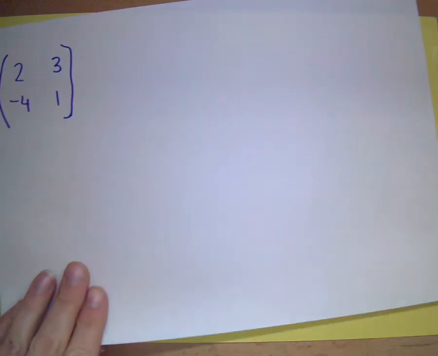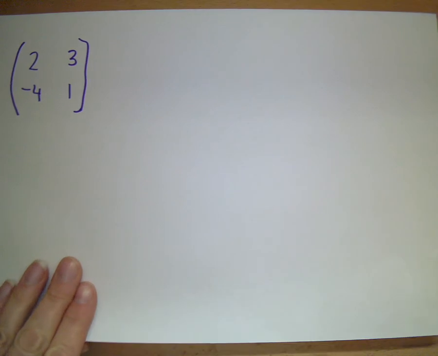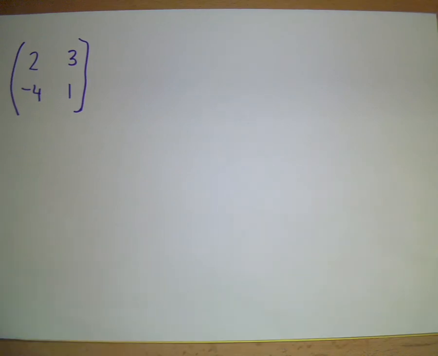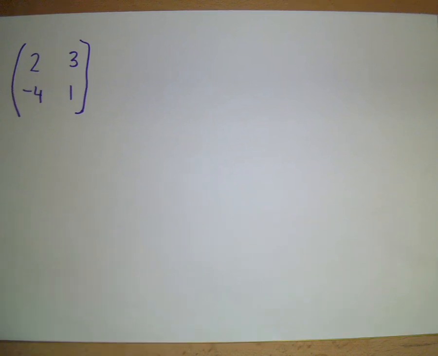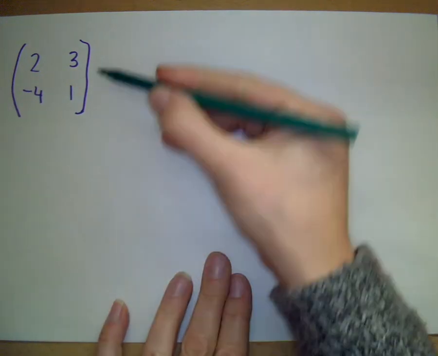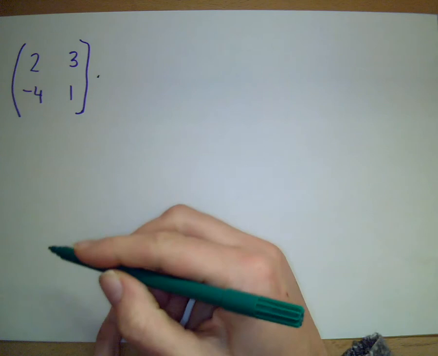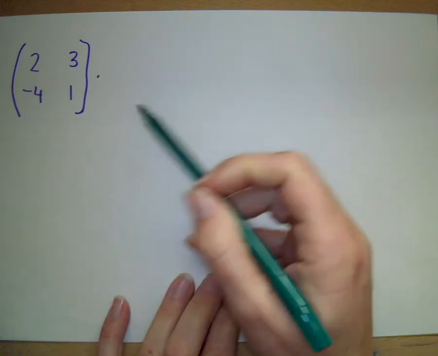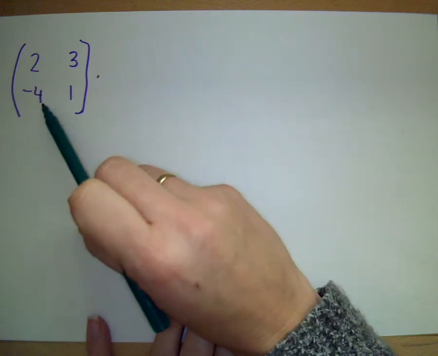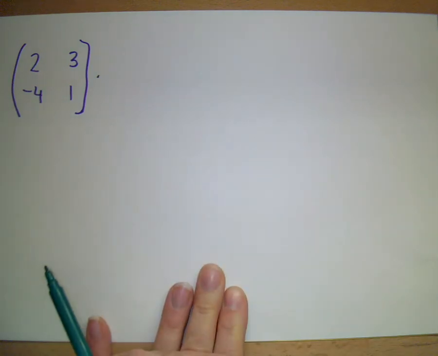Now, there's another special type of matrix called the identity matrix. Let's say we want to multiply this 2 by 2 matrix by another matrix, and we want our end result to be our original matrix.